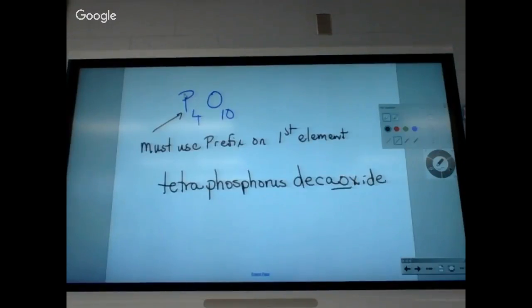Number 8. Nitrogen dioxide. Number 9. Dinitrogen tetraoxide. Number 10. Dinitrogen pentaoxide. Okay. 11. Phosphorus trichloride. And 12. Phosphorus pentachloride. All right. Now, let's talk about mixing some up.